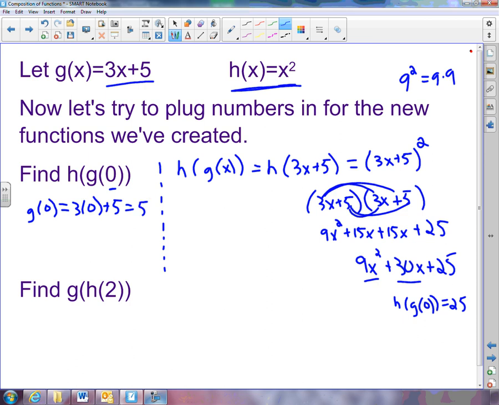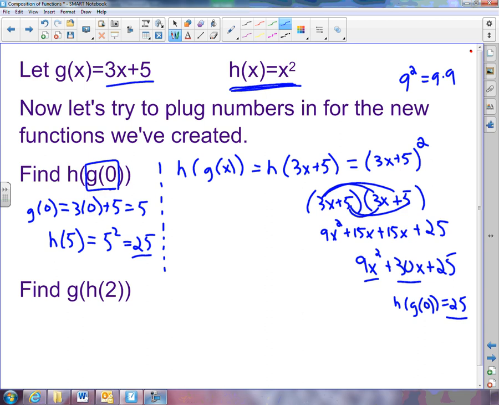That's just 5. I can then take that answer and plug it into h. So now that I know that g of 0 is 5, I'm going to replace g of 0 with 5. So h of 5 is just this equation with the 5 plugged in. 5 squared is 25. You can do it either way. You get the same answer in the end. Whichever way you prefer, it doesn't matter to me.